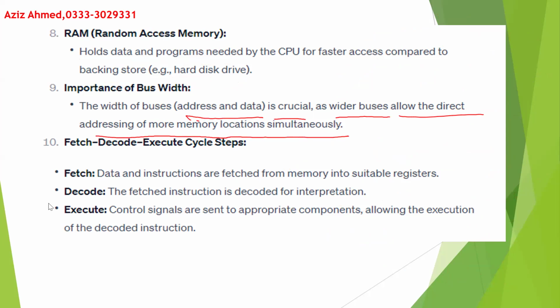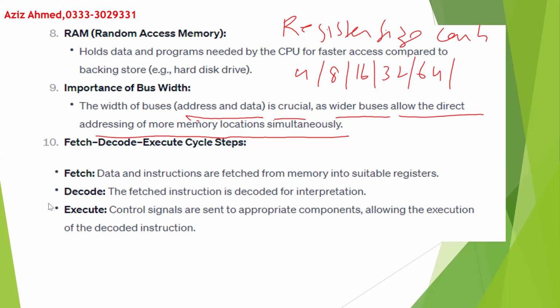Like, as I told you, register size can be 4, 8, 16, 32, 64, or maybe 128. Whatever the register size, the bus width will be the same. If you are using a register size of 8 bytes, then your bus width will be 8 bytes.